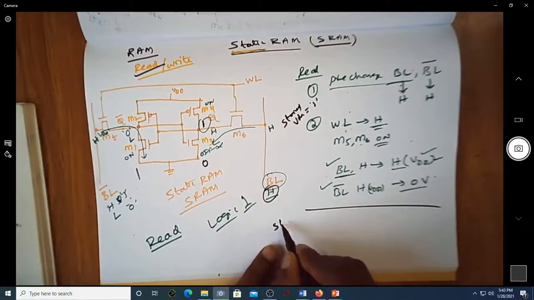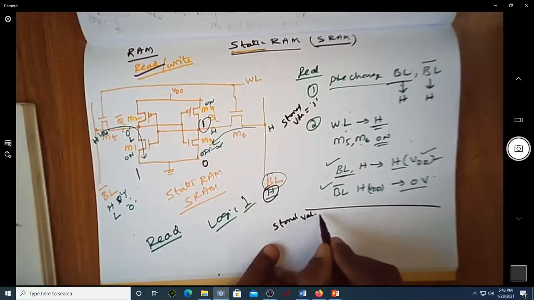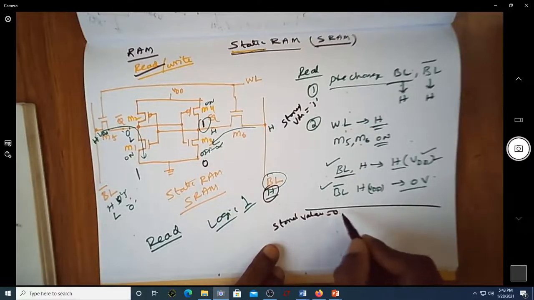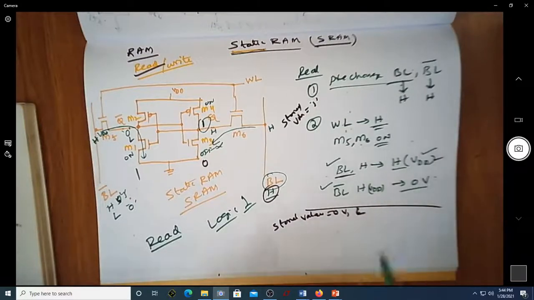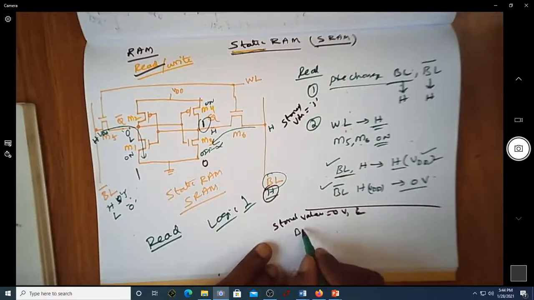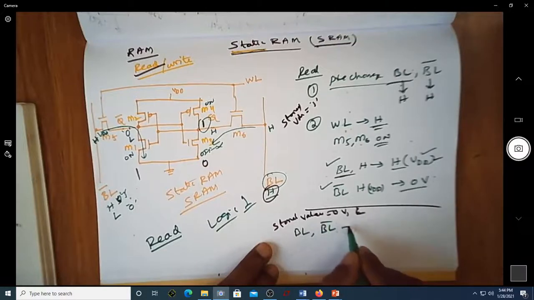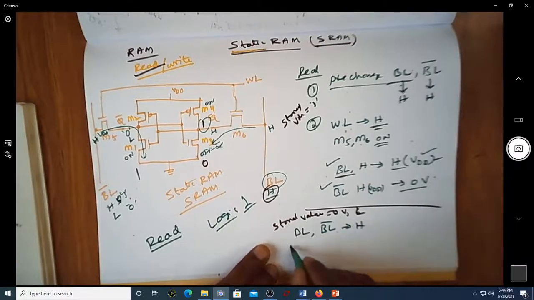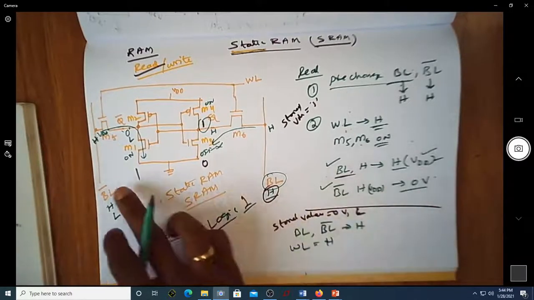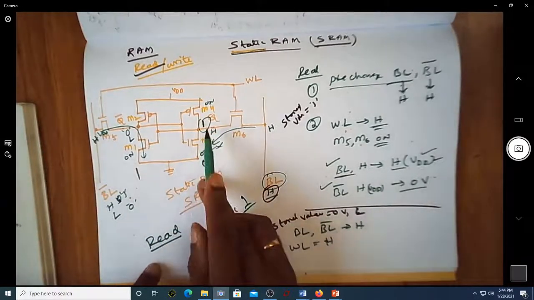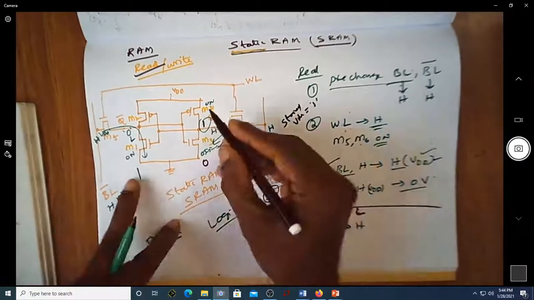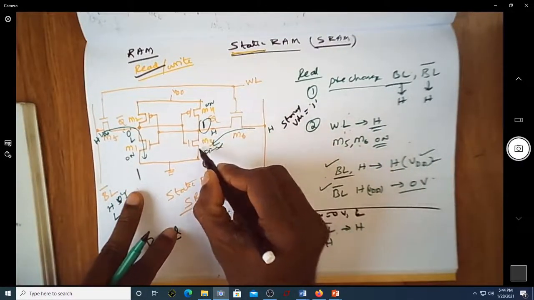Now assume that the stored value is 0, that is 0 volt or low logic level. In such a case, you again make BL and BL bar high, and make the word line equal to high. Once you make the word line high, since the value here is 0, this transistor is on.